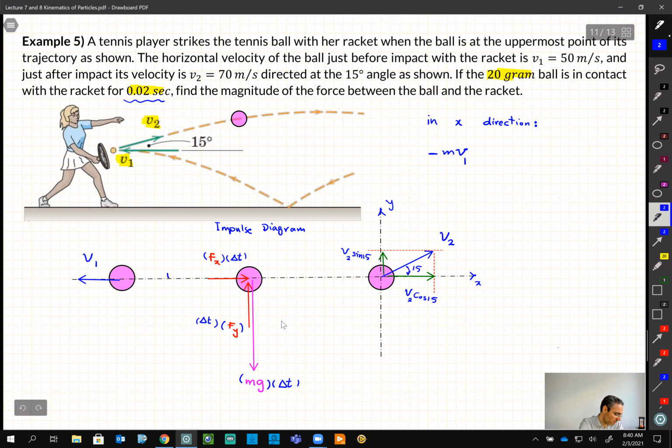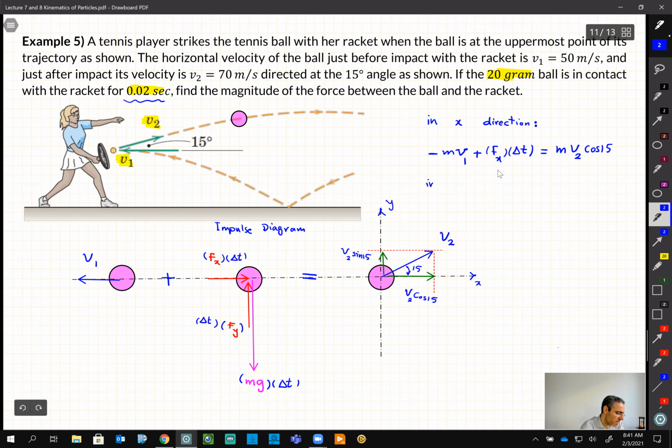So this guy plus this guy gives us this guy, right? The first figure plus the middle one gives us the third one. Minus m v1 plus Fx delta t is equal to m, mass is not changing, v2 cosine 15.